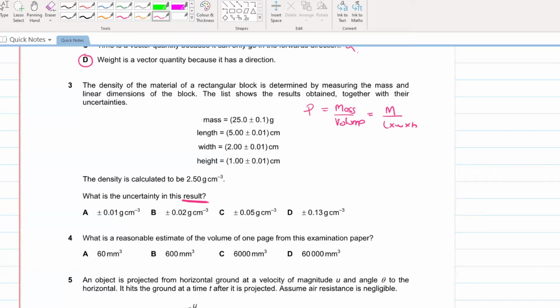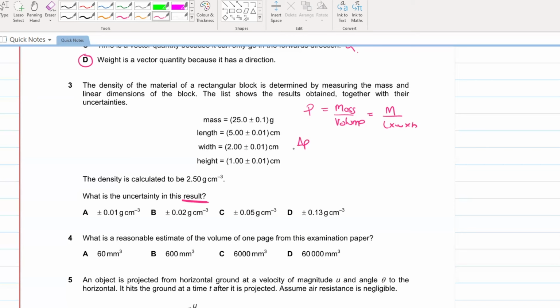Now, what do we do with these four variables? We take the fractional uncertainties of these four variables.